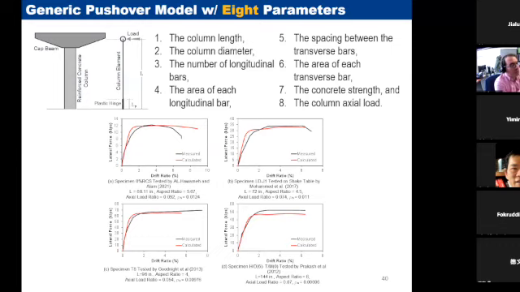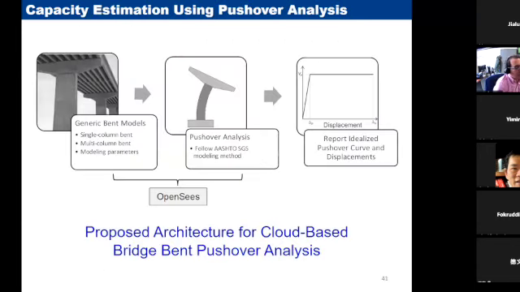So you should do a pushover analysis to estimate at what displacement your column fails, and follow AASHTO line by line. We actually made software in the cloud, a basic website, and I'll show that toward the end.